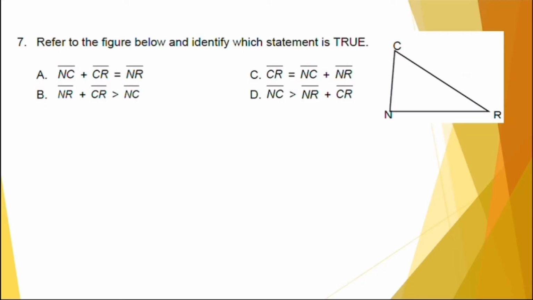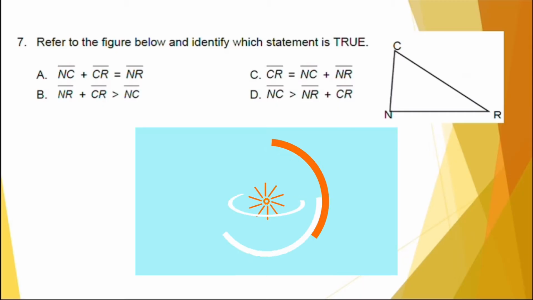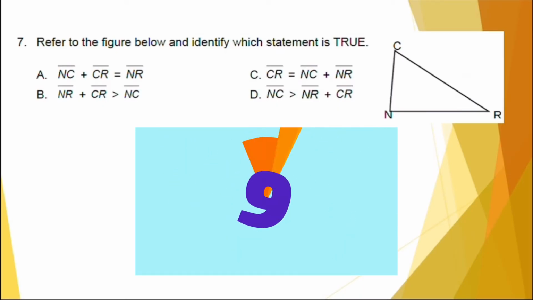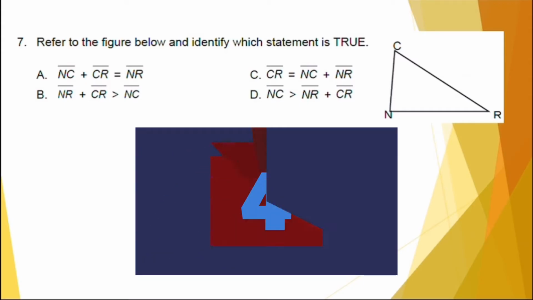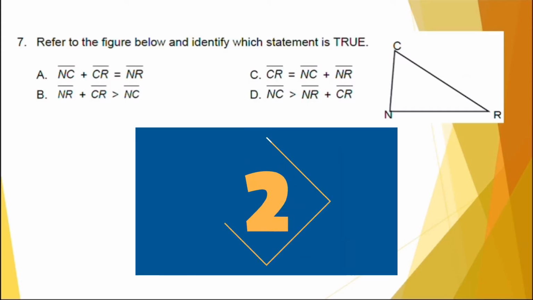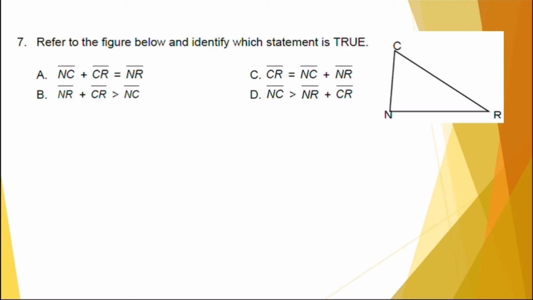C. Line segment CR is equal to line segment NC plus line segment NR. And D. Line segment NC is greater than line segment NR plus line segment CR. Time's up. The answer is letter B.